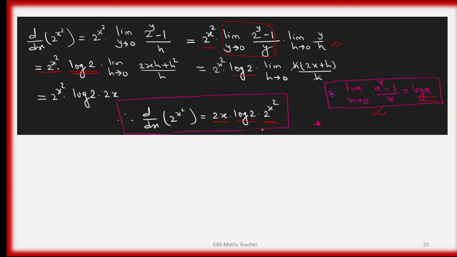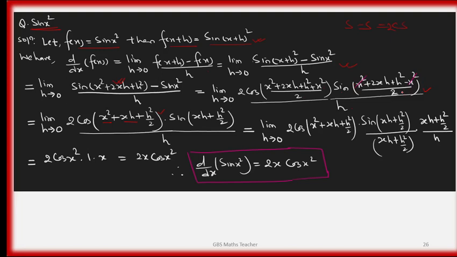And limit h tends to 0, 2 cos of x square, 2x square by 2 is x square, plus 2xh divided by 2 is xh plus h square by 2, and here 2xh plus h square by 2, that is sine of (xh plus h square by 2), whole by h.